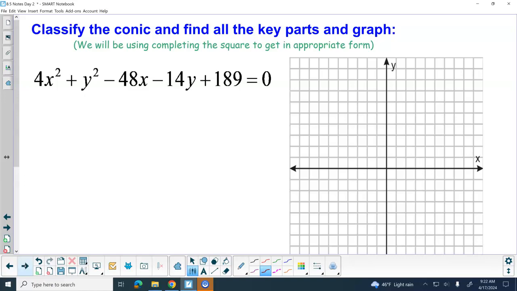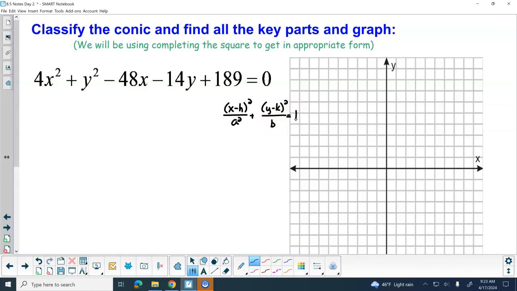We have an addition between those two squared terms, so that eliminates hyperbola, and we have differing coefficients. So that makes this an ellipse. So our goal is to get it into x minus h quantity squared all over a squared plus y minus k quantity squared all over b squared equals 1 form.